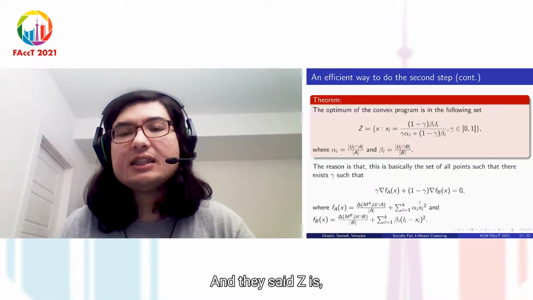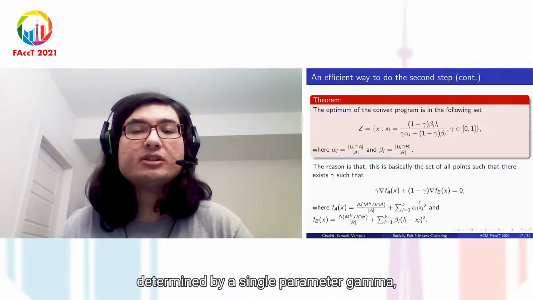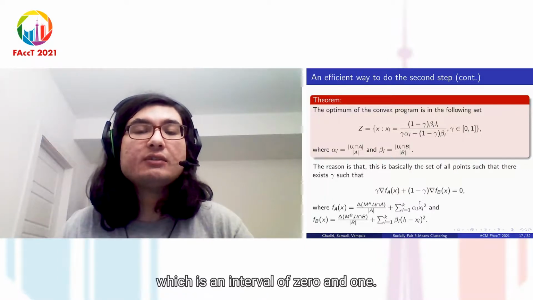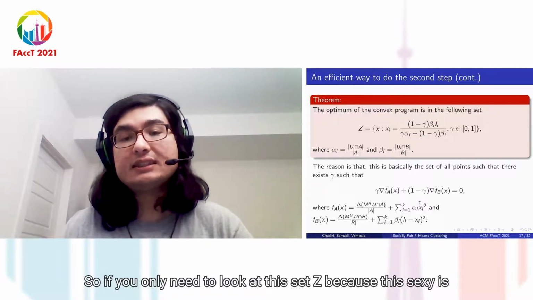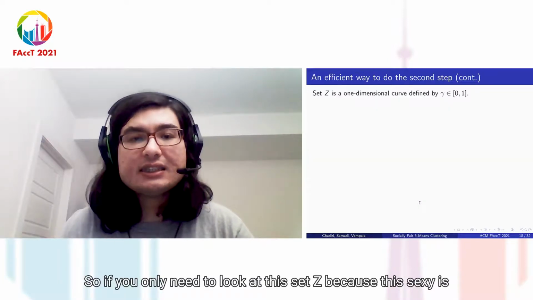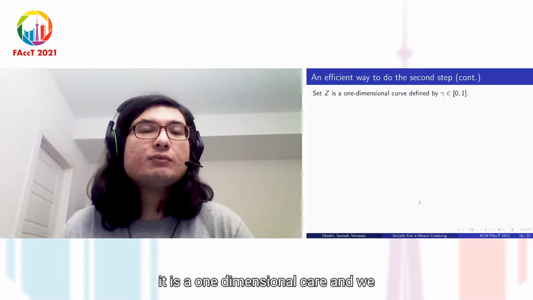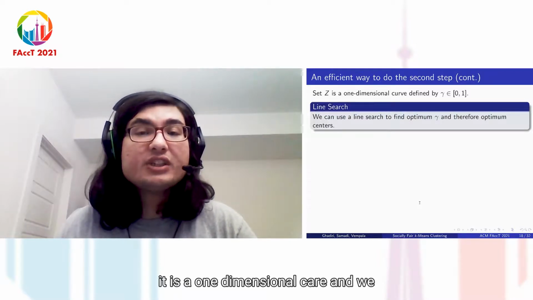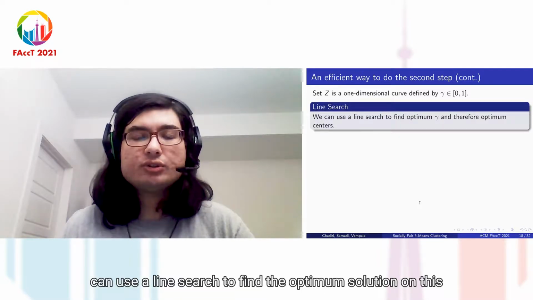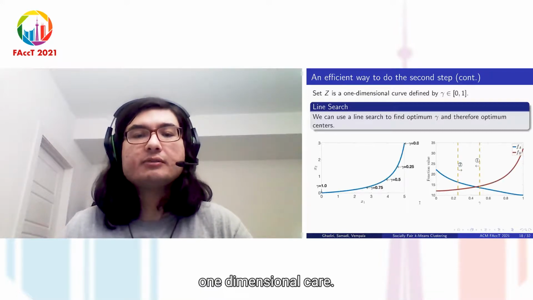And this set Z is determined by a single parameter gamma, which is in the interval of 0 and 1. So we only need to look at this set Z. Because this set Z is determined by a single parameter gamma, it is a one-dimensional curve, and we can use a line search to find the optimum solution on this one-dimensional curve.